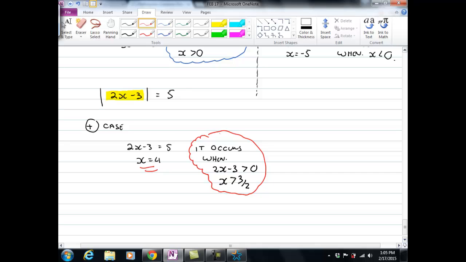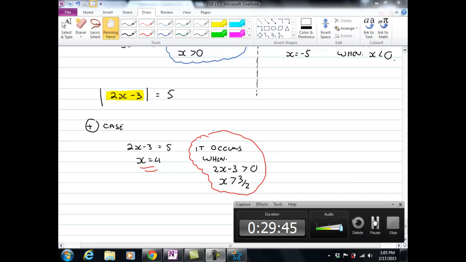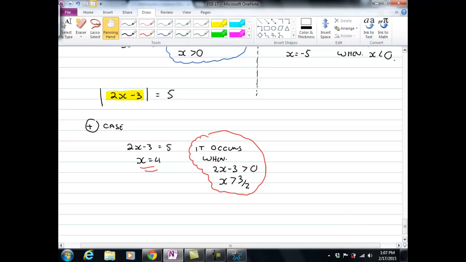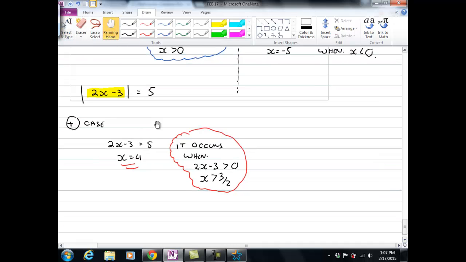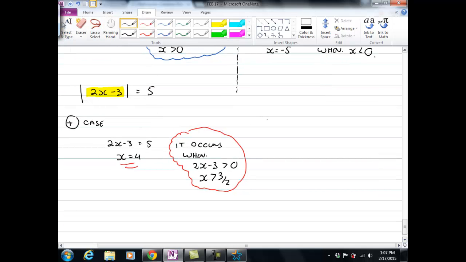Using the same logic, I want you to do the negative case with the proper statement. It occurs when. You cannot do the next part without it. Here we go. If I do this, I'm going to have case 2, negative, which means I multiply everything by negative: negative 2x plus 3 equals 5. And I hear x equals negative 1.